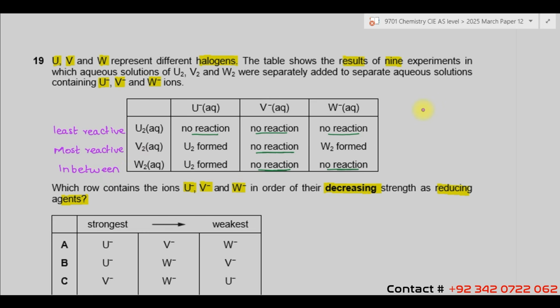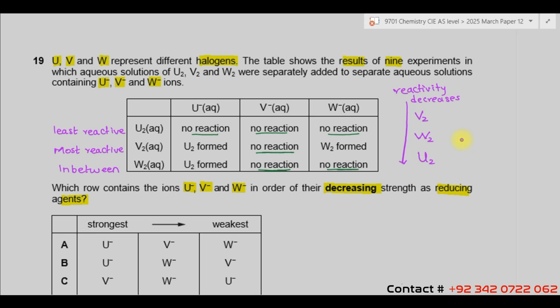So now we can rearrange them in order of reactivity, because for halogens we know that down the group reactivity decreases. So most reactive is V2. V2 should be at top. Then we have W2, which is in between. Then we have U2, which is at the bottom.